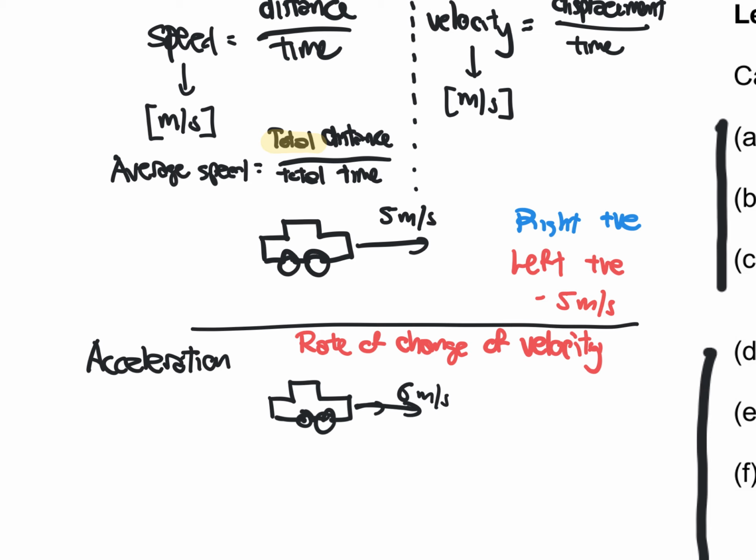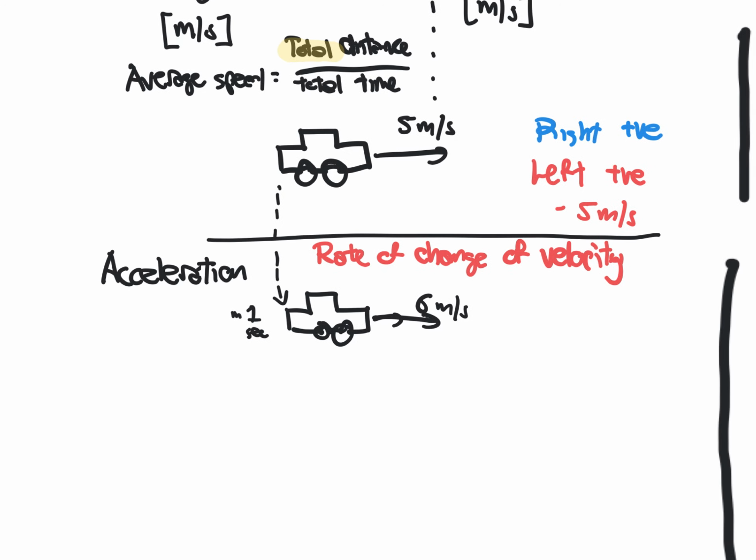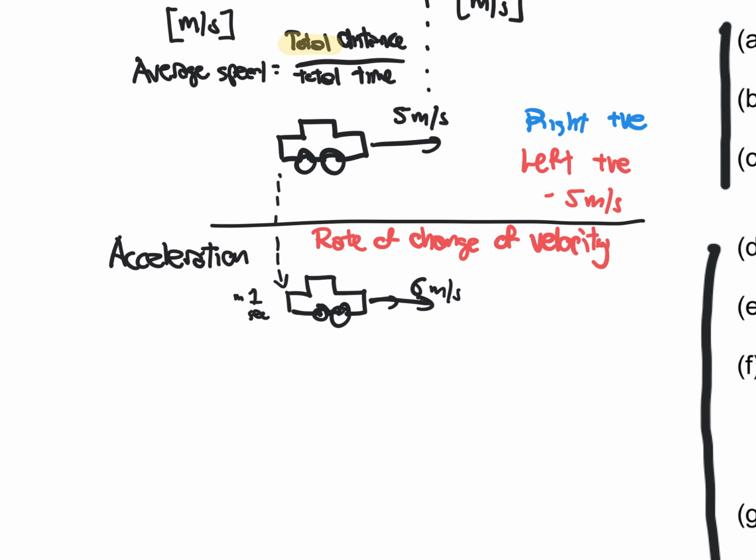If I were to say that in 1 second, compared from here to there, it changed from 5 meters per second to 6 meters per second. Oh, how much is that acceleration? Big, small, a lot, little bit. It's better to actually use numbers.